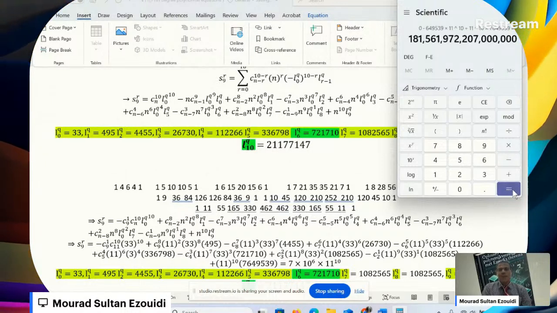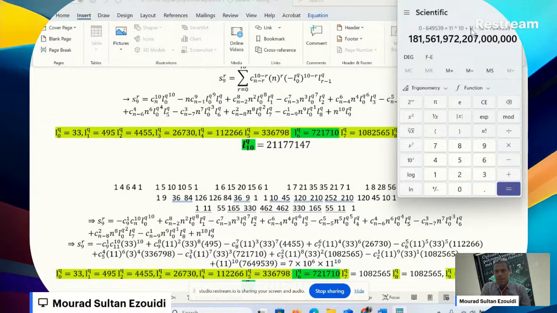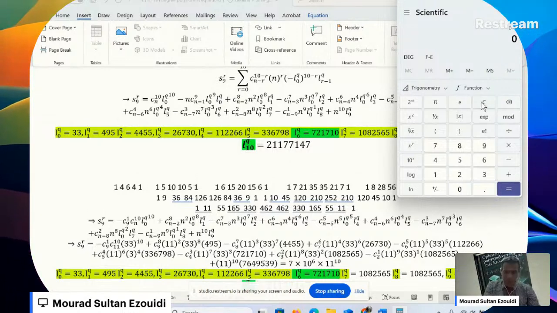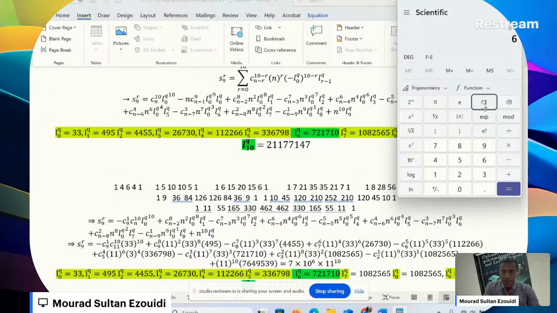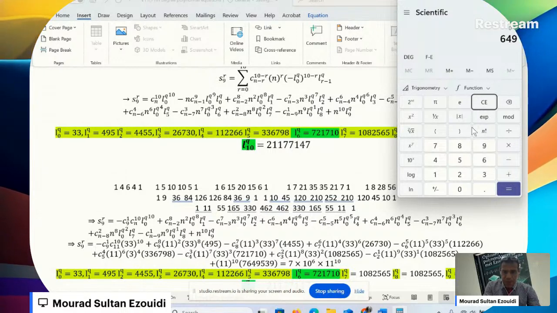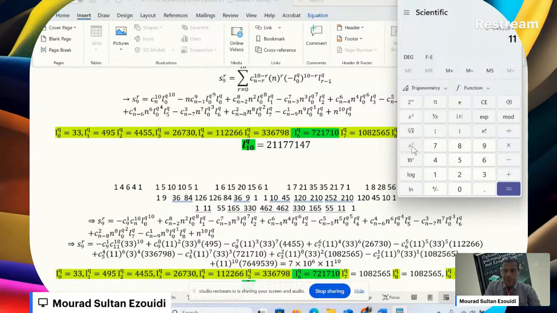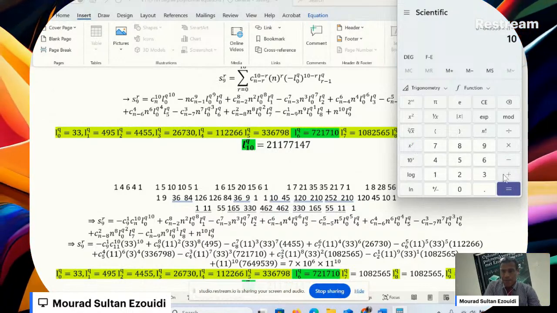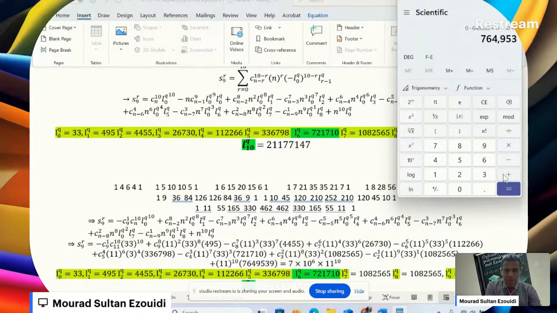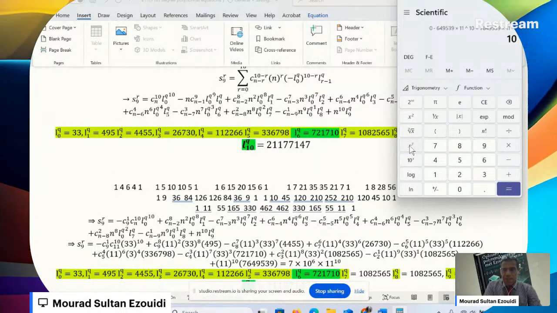This one, my kids, is equal to negative 6,649,539 multiplied by 11 raised to the power 10, plus 7,006,049,539 multiplied by 11 raised to the power 10.